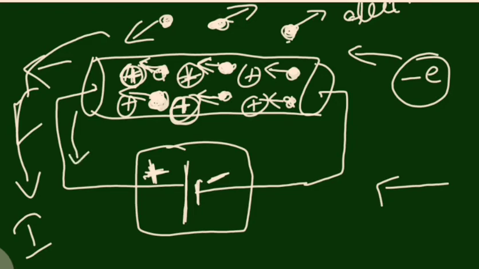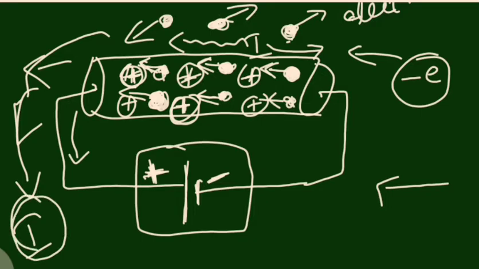A current will be produced inside the conductor, but that current will face a resistance. Why is this resistance happening? Because while the electrons are moving through the conductor, they collide with the positive charges, and this collision offers a resistance for the flow of electrons, or for the flow of current.